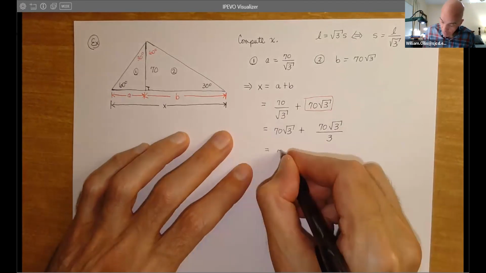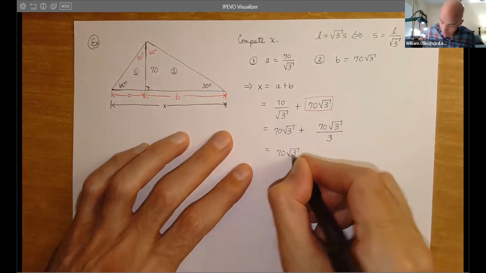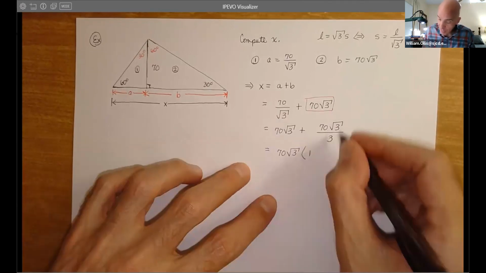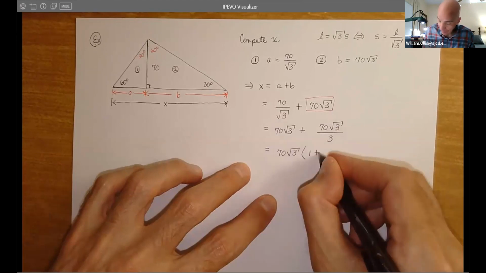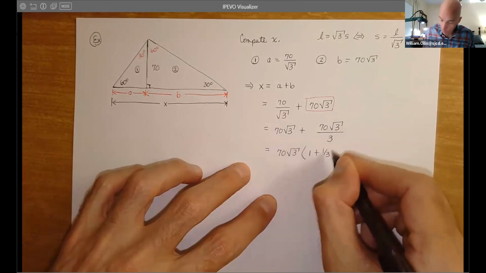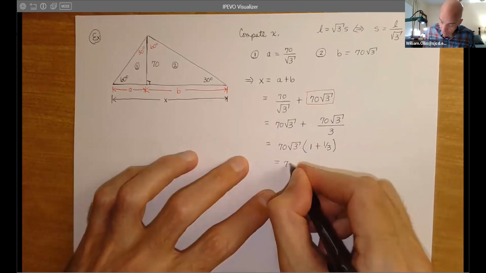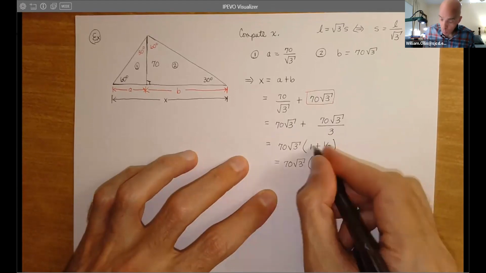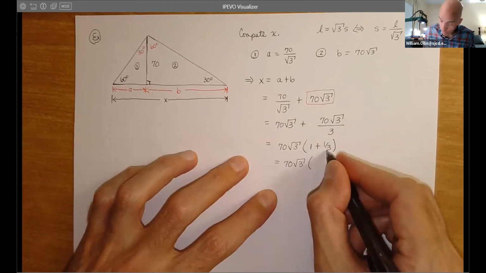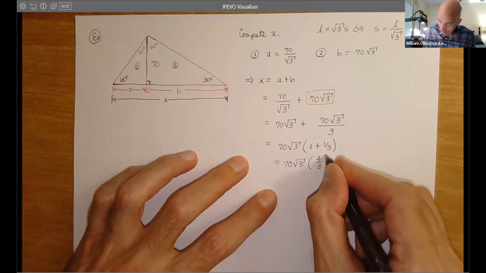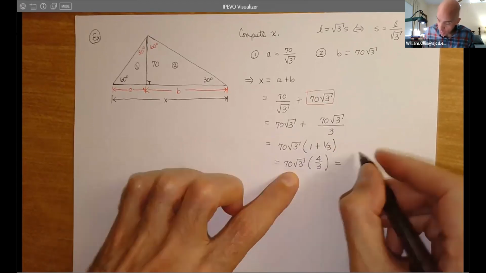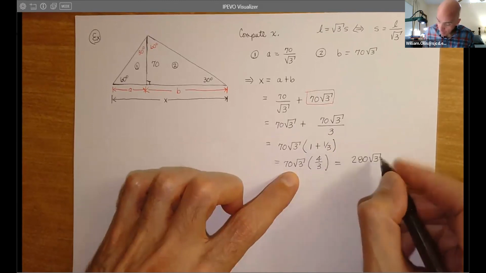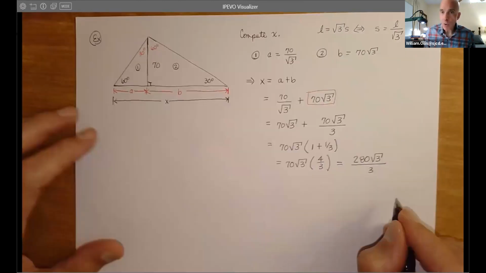So we have 70 times root 3, and that'll leave the 1 behind here. And here, this leaves behind the 1/3. So this gives you 70 times root 3 times 4/3, since 4 is 3 plus 1 over a common denominator of 3. And that gives you what? 280 root 3 over 3. So that would be one way to factor it.